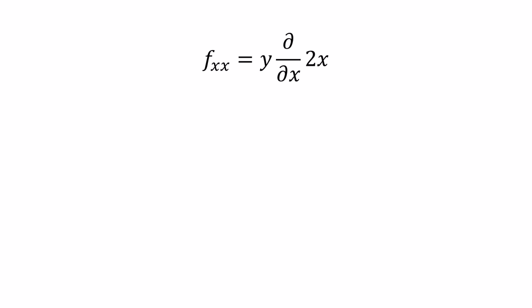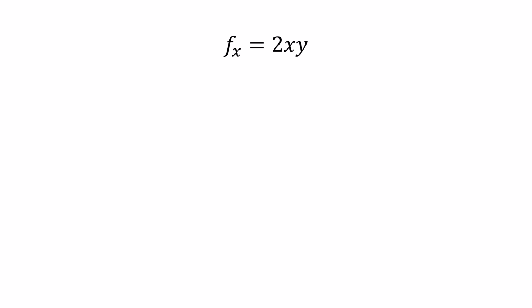Differentiating, we obtain f sub xx equals y times 2. Multiplying, we arrive at a final answer of f sub xx equals 2y.